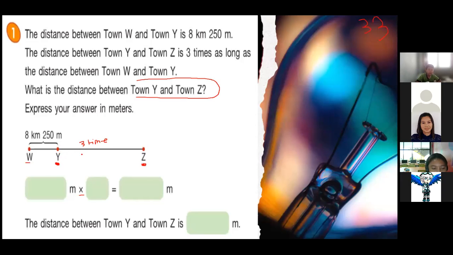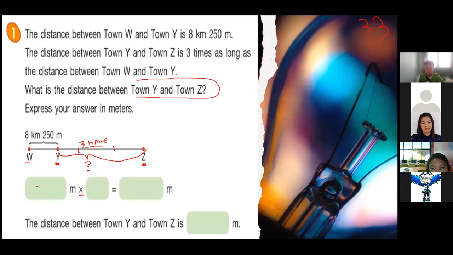So the question is, what is the distance? We don't know. We only know it is 3 times the distance. So what will you write here? What is your answer?